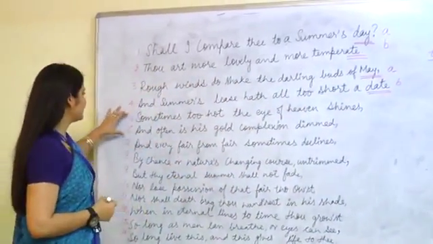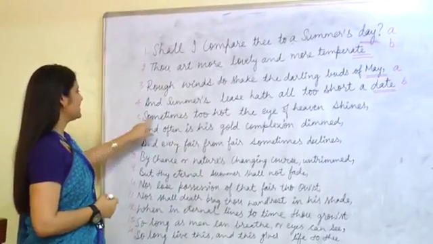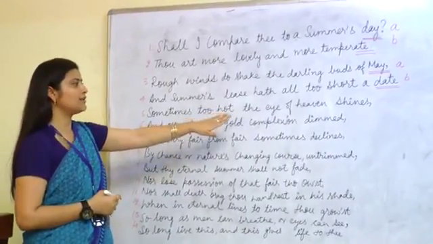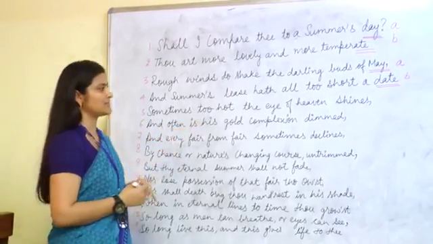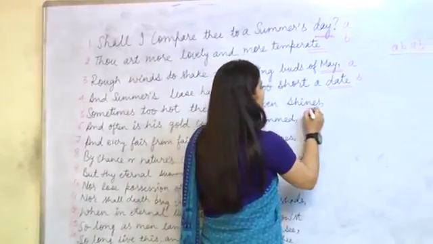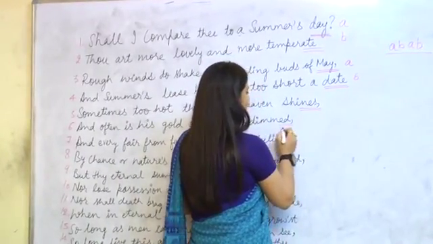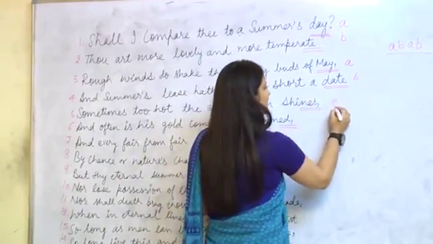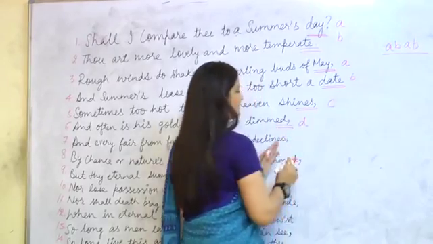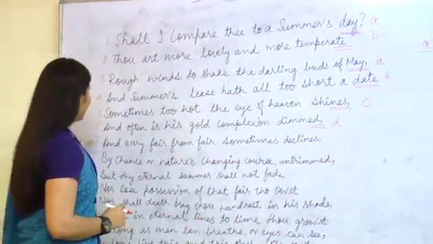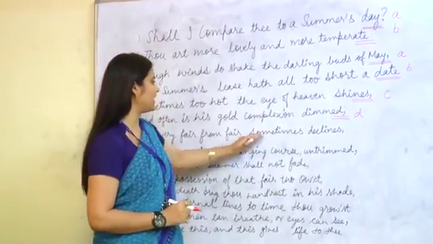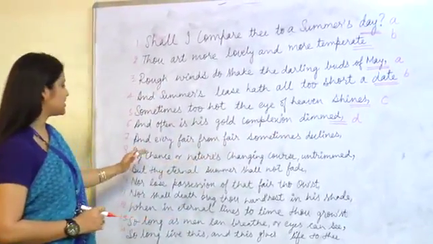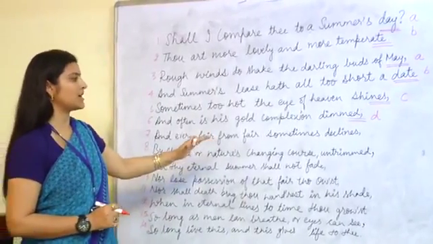Coming to the next quatrain, "Sometimes too hot the eye of heaven shines, and often is his gold complexion dimmed." Again here we have different rhymes for these two lines, so we will place different symbols for these two. Coming next to lines 7 and 8, "And every fair from fair sometimes declines, by chance or nature's changing course untrimmed."